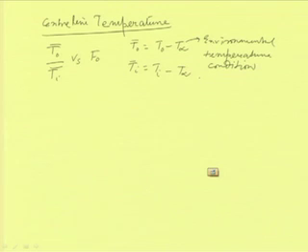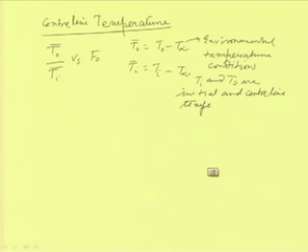So, we can say that Ti and T0 are the initial and center line temperature of the body of concern.